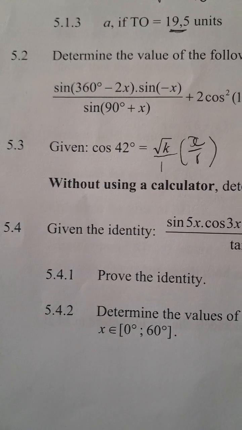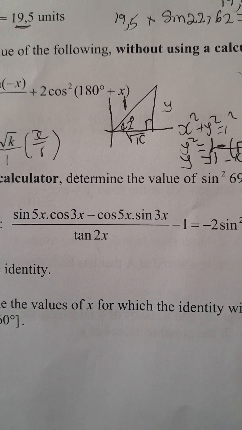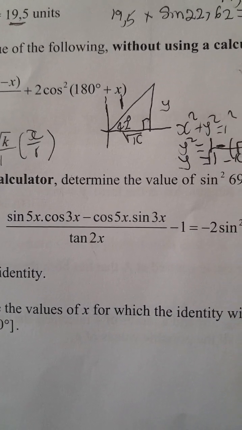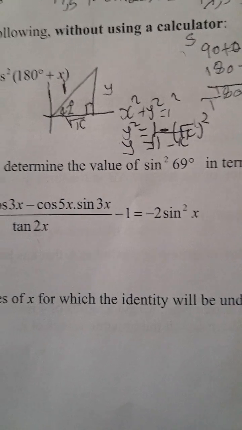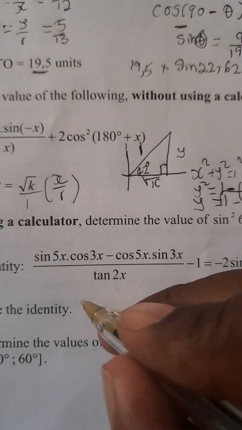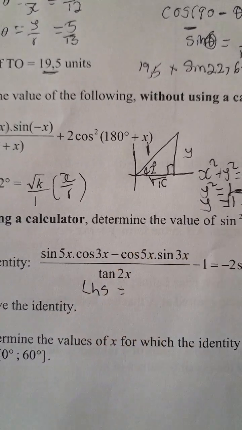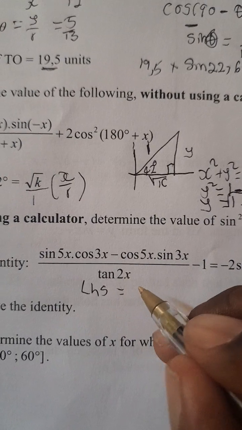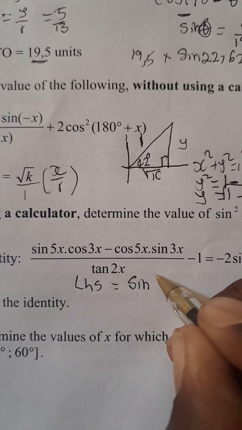At 5.4, given the identity sine 5x cos 3x minus cos 5x sine 3x divided by tan x and so on is equal to this. So we need to prove, no? Let's work on the left hand side. You could see this is a compound angle of sine, no? So since it's a compound angle of sine, cos and cos sine, let's write this in a single trigonometric ratio.